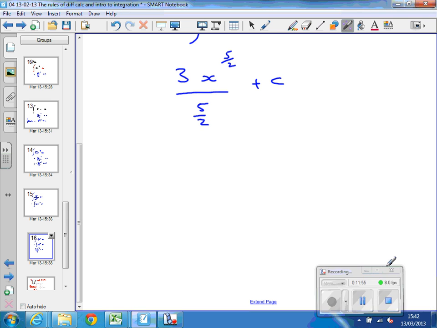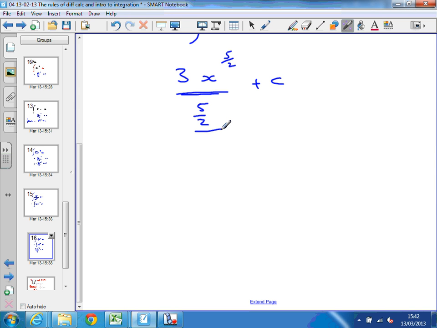We wouldn't leave this answer like this. When I'm dividing something by a fraction, there's a step I always do, and I want to talk about why that works in a minute. We talked about this before: 3 divided by something is the same as 3 times 1 over it, okay?